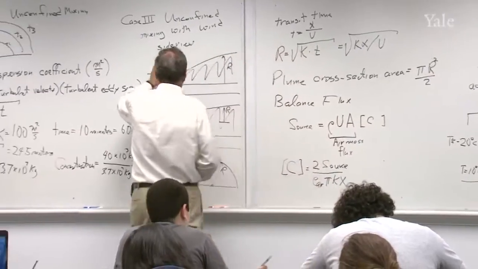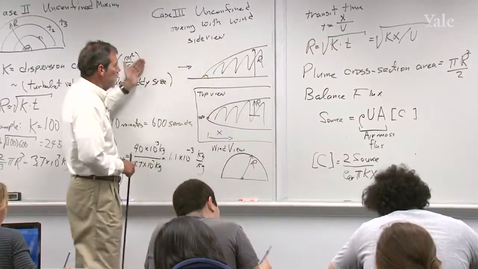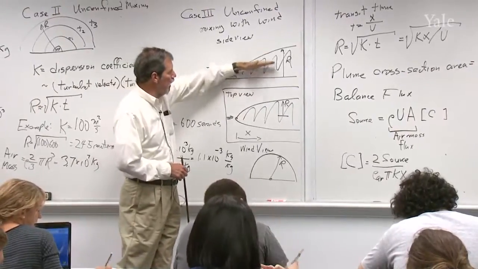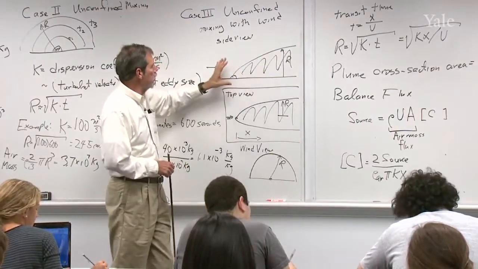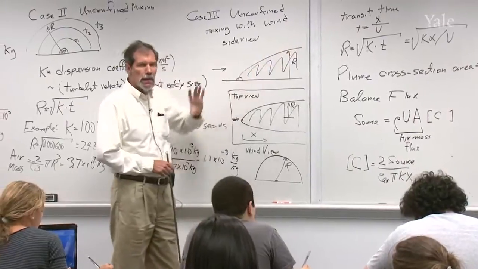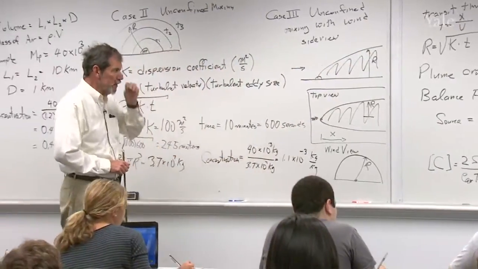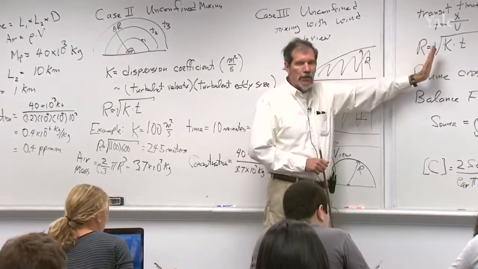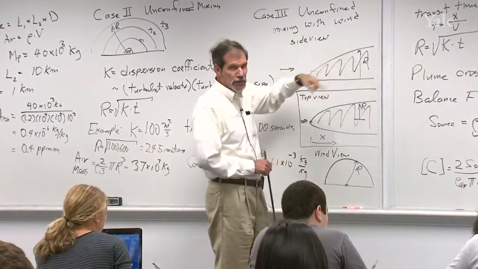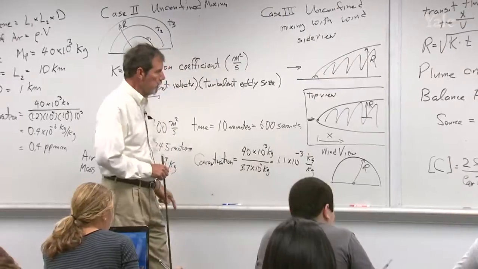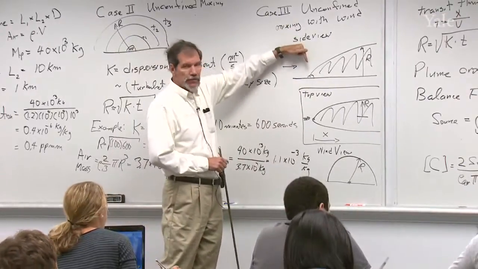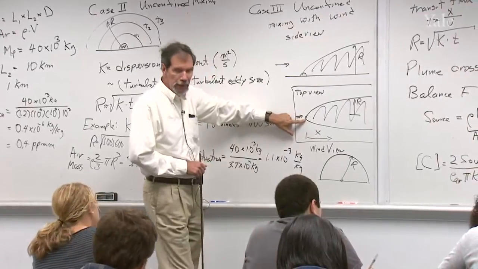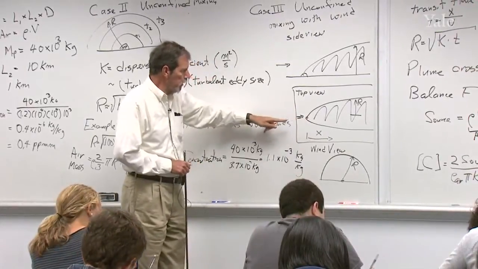If I had a side view of that and the wind was blowing from left to right, I would find that pollutant would be confined in what we call a plume of pollutant moving downstream, getting deeper the further it goes downstream due to the turbulent mixing. If I had a top view of that same situation, there's the power plant, there's the source, the wind is from left to right.